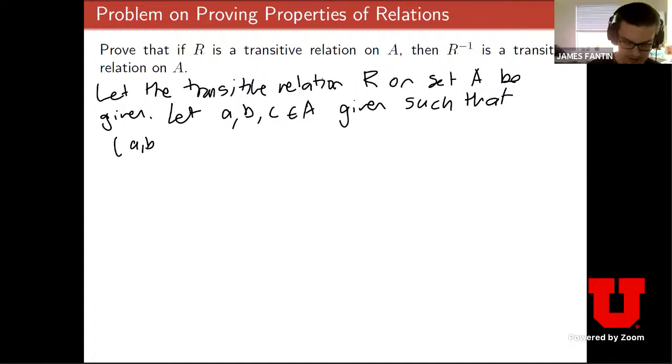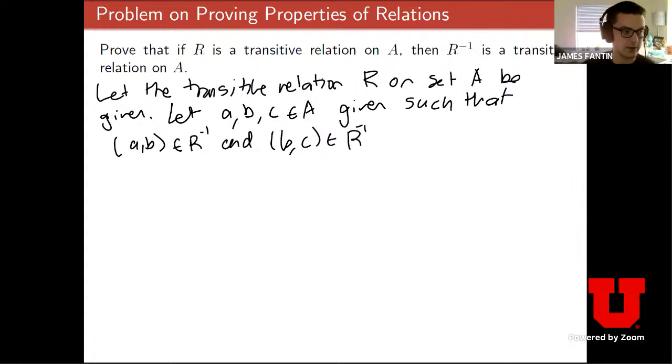So we're going to have that (a, b) is an element of the inverse relation, and (b, c) is an element of the inverse relation. And then we need to somehow conclude that (a, c) is an element of the inverse relation.